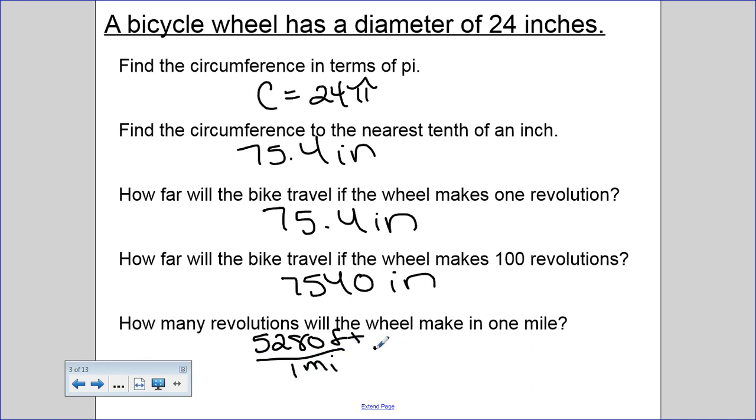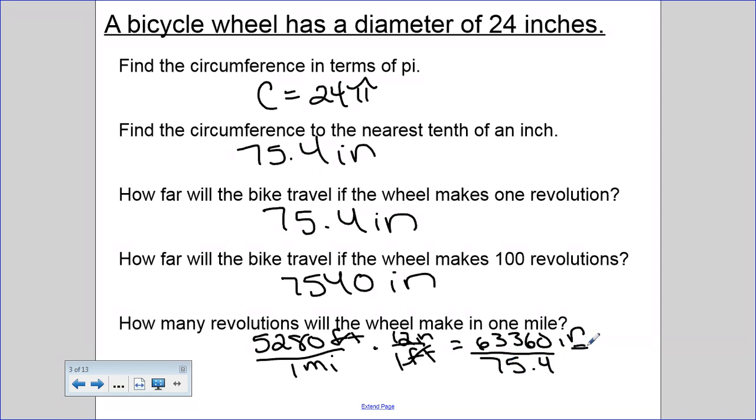All right, and then I want to convert it. I'm going to put my feet in the bottom so that these cancel out, and 12 inches. Multiply across. You get 63,360. That's how many inches it'll travel. But the question was, how many revolutions? Well, if it's 75.4 inches in one revolution, let's divide by 75.4.